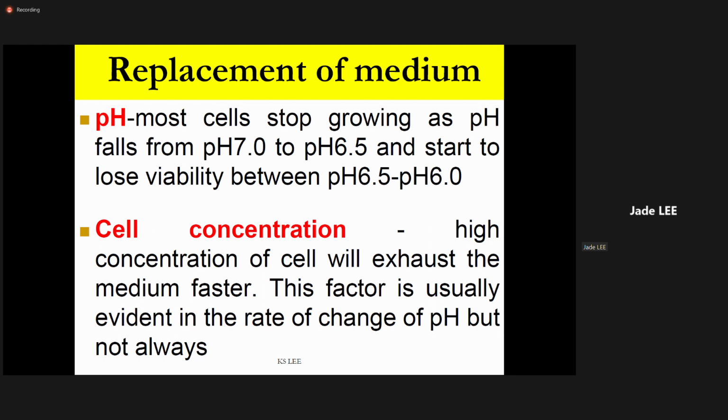High concentration of cells will exhaust the medium faster. This is usually evidenced by the rate of change of pH, but of course not necessarily. So you need to keep checking your cells, take a sample, and assess it under the microscope to look for evidence.